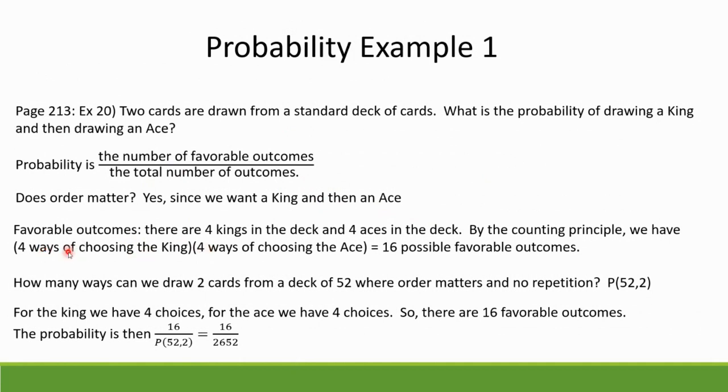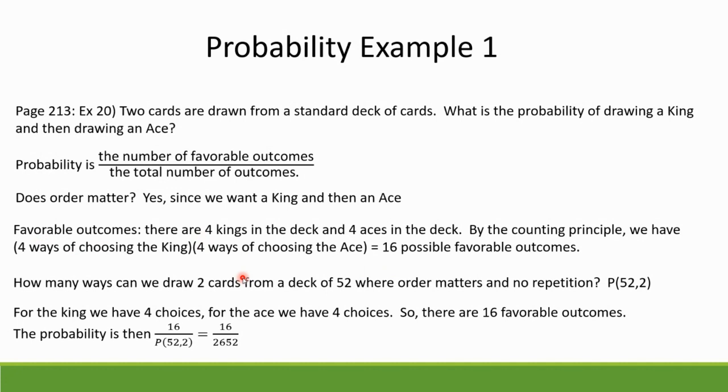Okay, so there's 4 ways for the first outcome to occur, and there's 4 ways for the second outcome to occur. The total number of ways for both outcomes, you take the product. That's what the counting principle is. The multiplication principle, I think it's also called, if I remember correctly. In other words, you just multiply. So we have 4 times 4, which is 16.